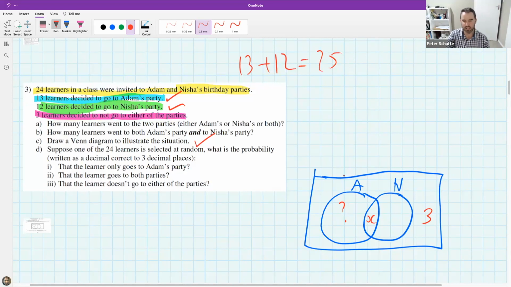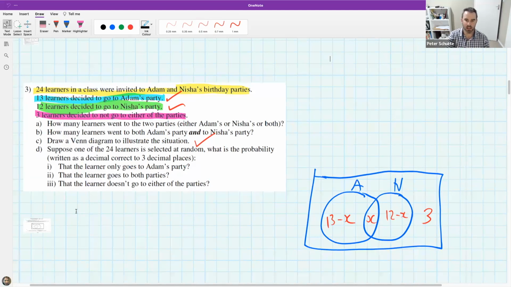So there has to be an intersection. If that makes sense, Paul? So this should be 13 minus X, and this should be 12 minus X. That is the way I do it. But now I still don't know what X is.